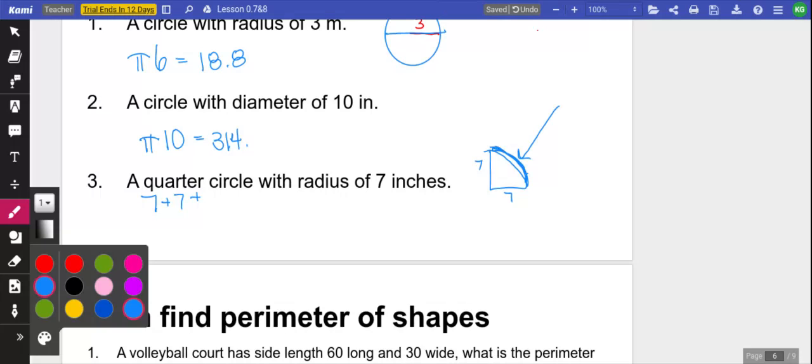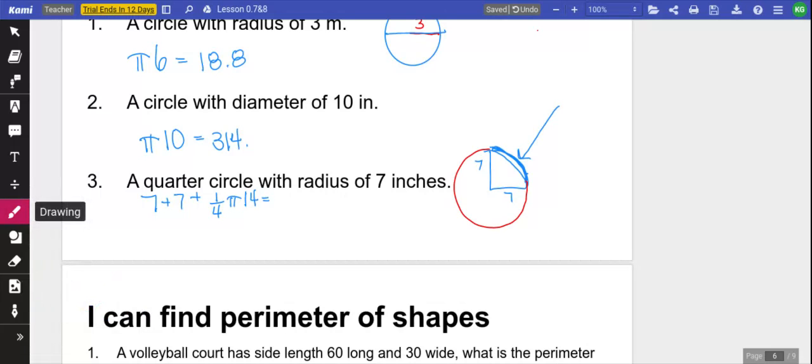Now that's a curve. And so when we're thinking about a curve of a circle, and we know that this is a quarter circle, what I'm going to do to only find that part is 1/4 of pi times the diameter, which is 14. Because if I do pi times diameter, that would give me the whole circumference, and I only want the blue quarter of it.